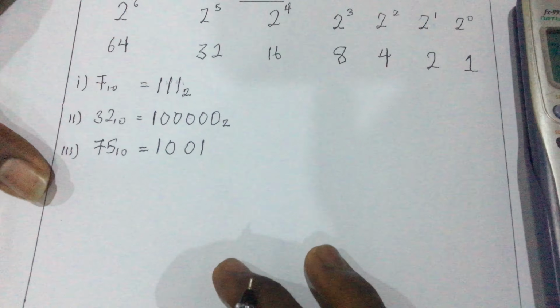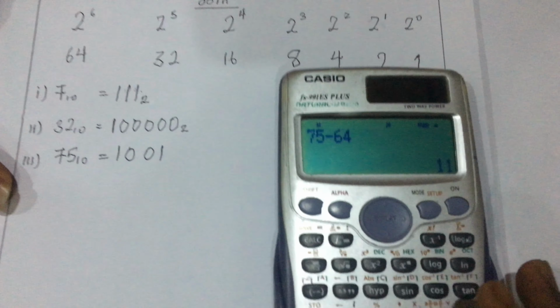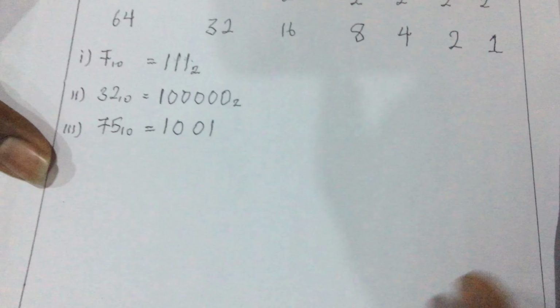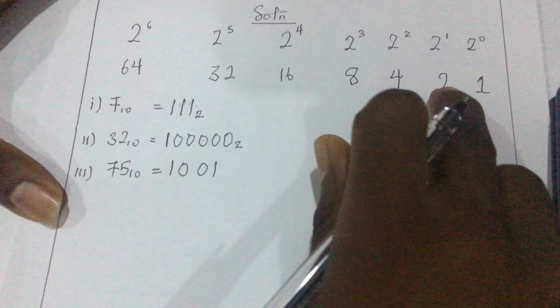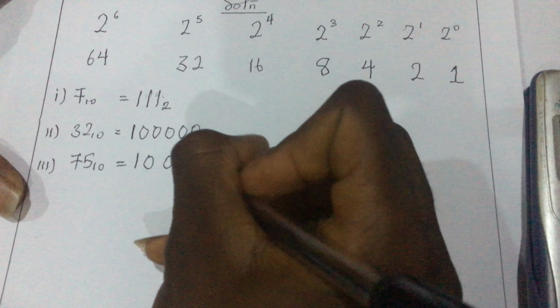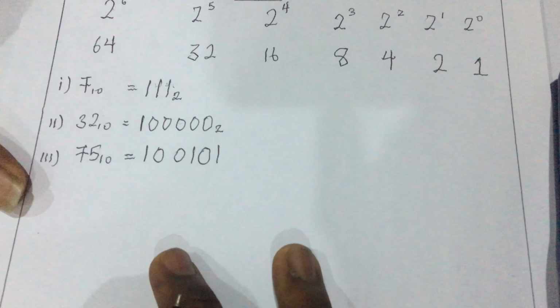The next thing we are doing is subtracting 8 from 11. We can use our calculator. 11 minus 8 is going to give us 3. Which of these numbers is closest and lesser than 3? Since 3 is not amongst them, of course that is 2. Since it is not 4, we put 0 for 4, and since it is 2, we put 1 for 2.